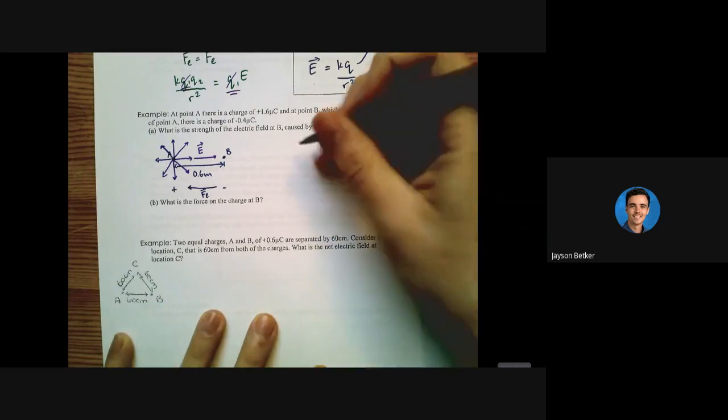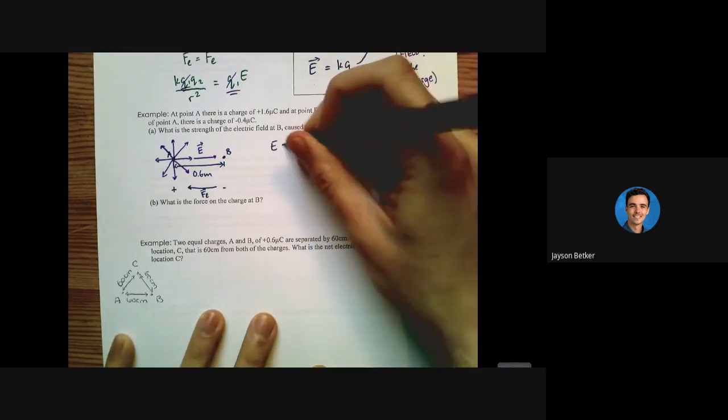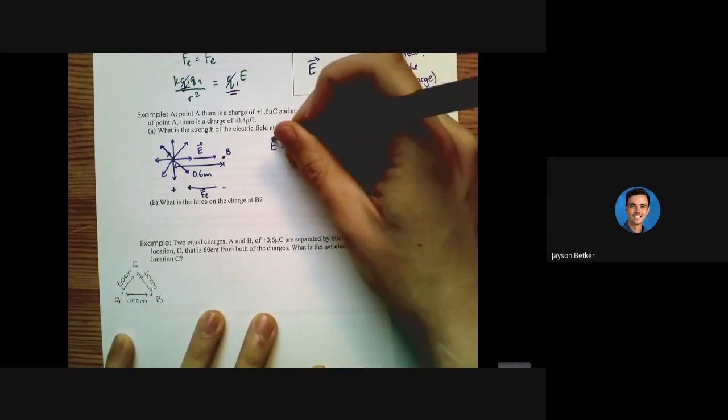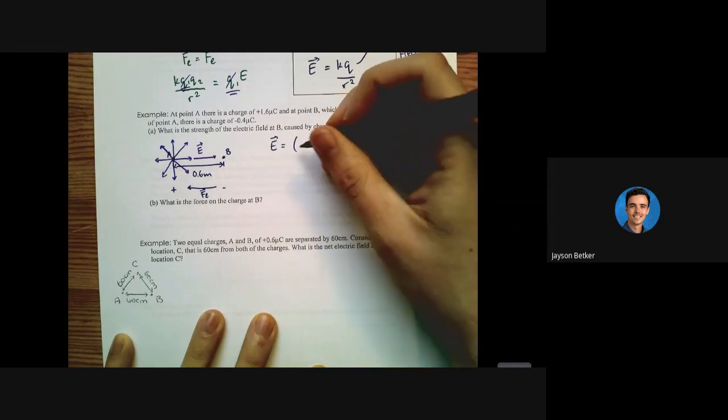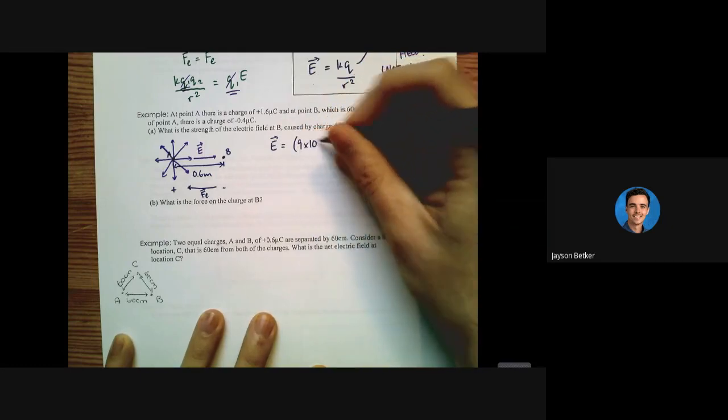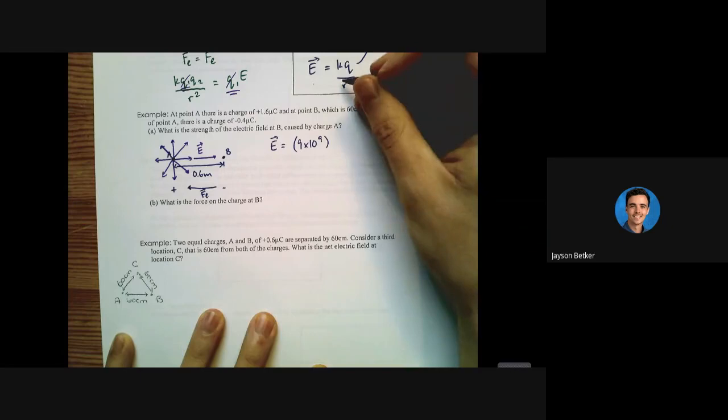So let's solve for A. What's the strength of the electric field at B caused by charge A? Well, just because B is feeling an attraction doesn't mean that the electric field is also going to be to the left. The electric field is actually to the right. We just showed that. So let's do the math here. E equals 9 times 10 to the 9, because that's our K value, right?